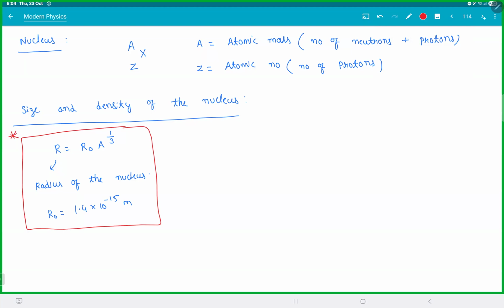They do ask questions based on this. So there was one question like this: find the ratio of the radius of aluminum and copper nucleus.